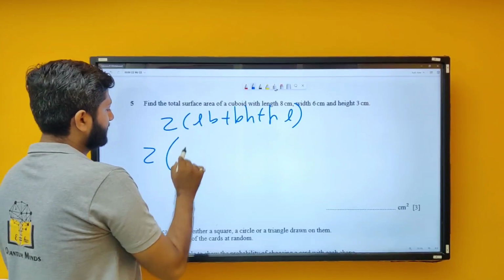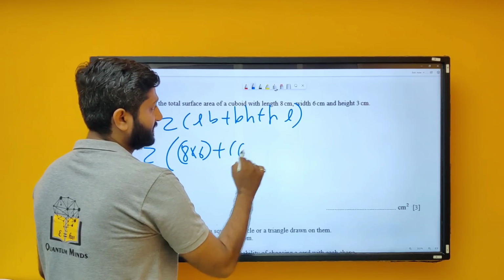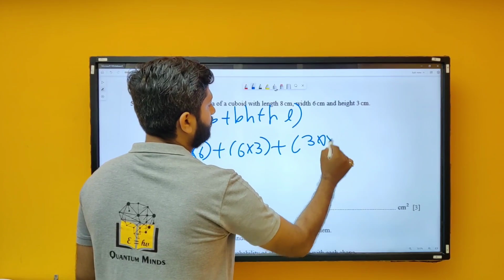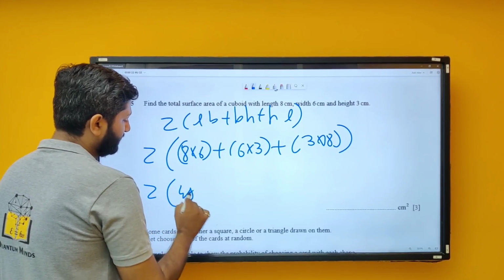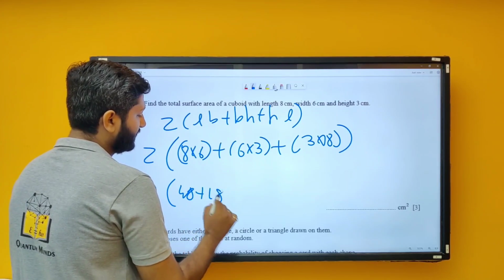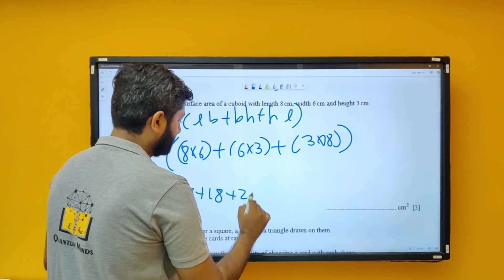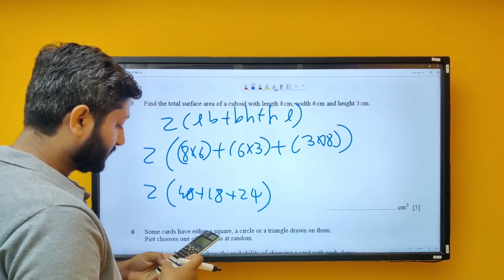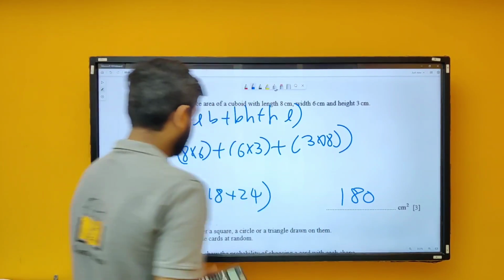So twice 8 into 6 plus 6 into 3 plus 3 into 8. 8 6s are 48, 6 3s are 18, 8 3s are 24. So 48 plus 18 plus 24, into 2, is 180 centimeter square.